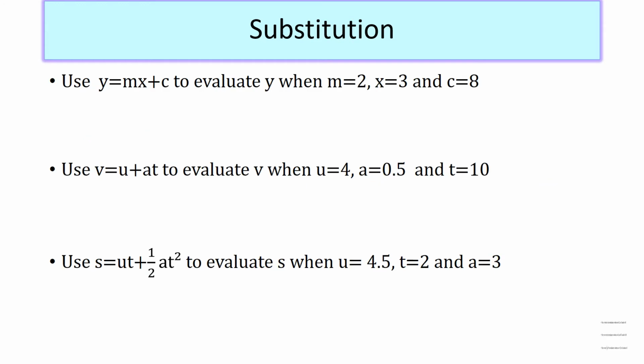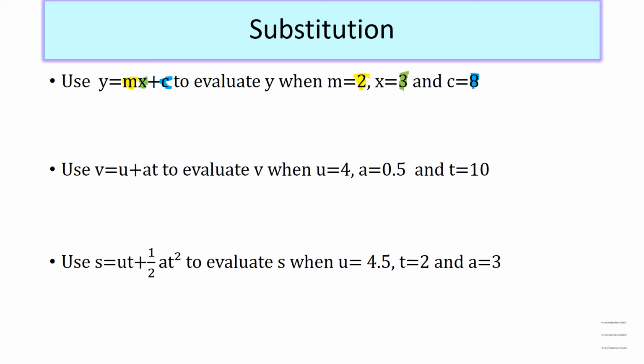And here we have some slightly harder examples, but we can still manage just fine. In the first, that's y equals mx plus c. You may recognize this equation. This is the equation of a straight line. And I can find the value of y. Now, you see that I've got the value of m, which is 2, the value of x, which is 3, and the value of c, which is 8.